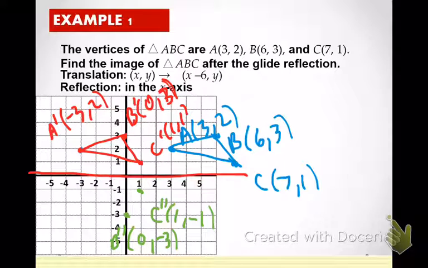Megan, what would it be? Kayla? Negative 3, negative 2. Yeah. Megan, you've got your 2 up here, so you're going to go 2 down here. So it becomes negative 3, negative 2, and that's A double prime.